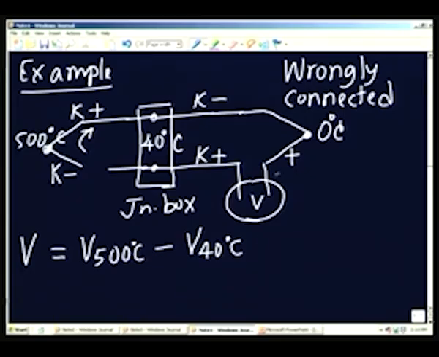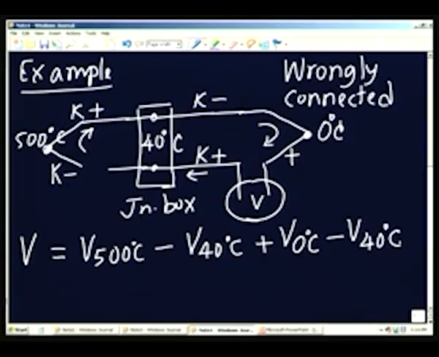Then from negative to positive again. So, this will be plus V corresponding to 0 degrees Celsius. So, we are going like this, and here again we are going in this direction, positive to negative. So, it will be minus V at 40 degrees Celsius.